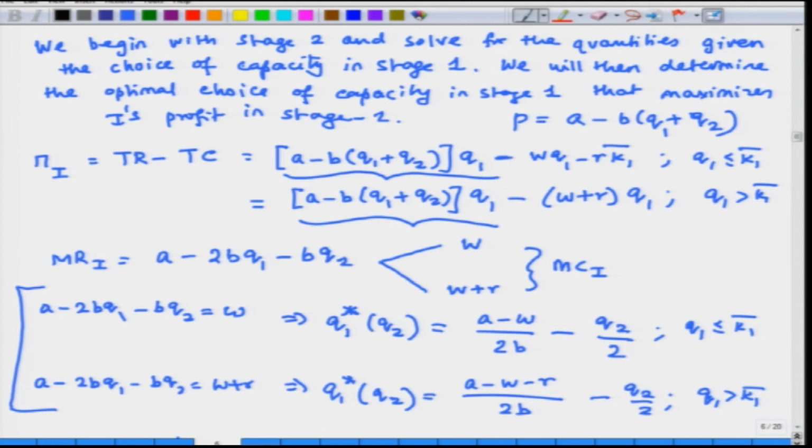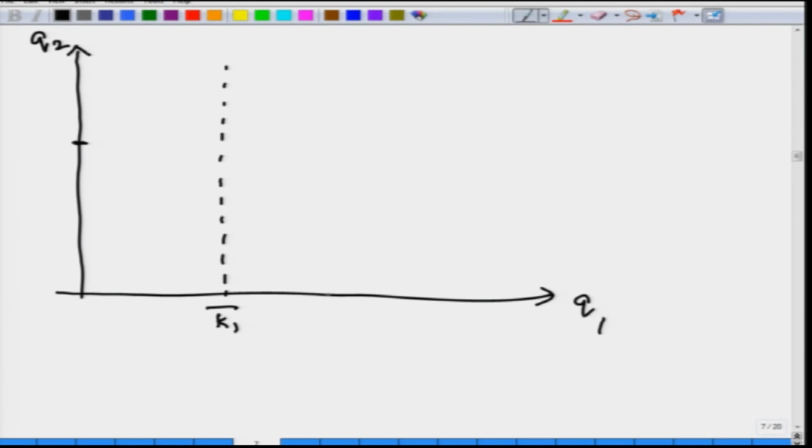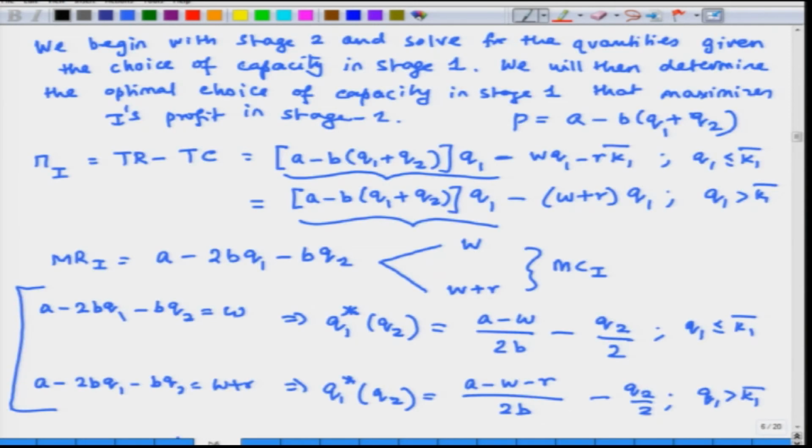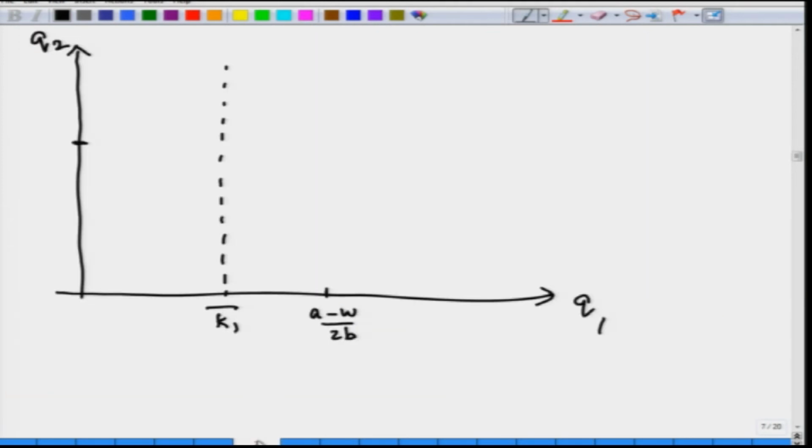So, let us graph it here. That is A minus W divided by 2B. And when the entrant is producing A minus W by B, the incumbent's choice is going to be 0.